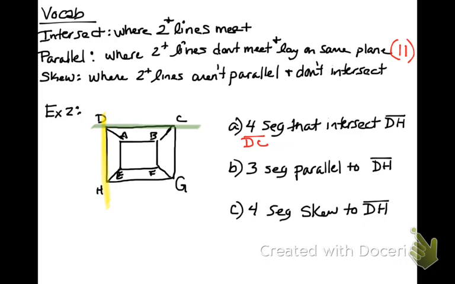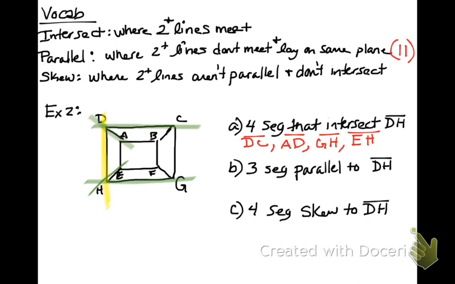GH. AD and GH. I'll write them both down. Well, I have 3 of them. EH, that also. Those intersect.